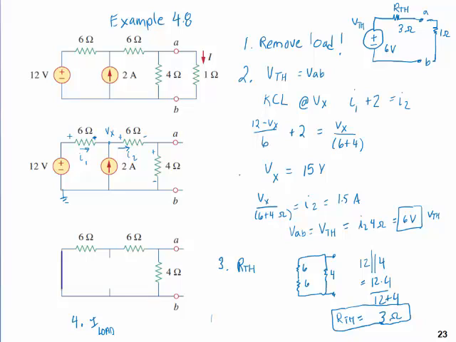I did that by first finding the Thevenin equivalent, and then I analyzed the circuit, which is your standard series circuit, and I can find out that I load is 6 volts divided by 3 plus 1 ohms. So 6 divided by 4 equals 1.5 amps. So that's the load current.